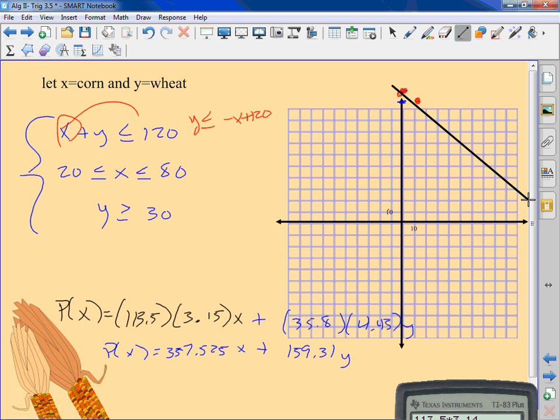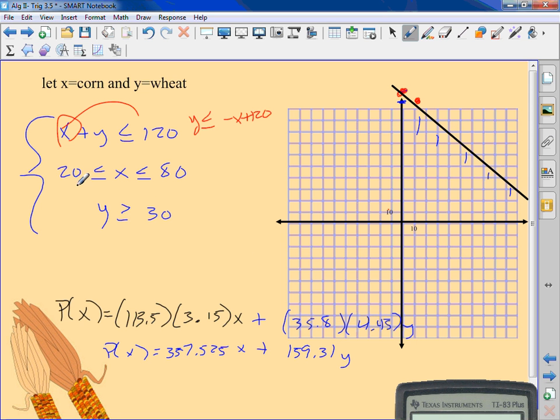It is very important that you use the ruler and draw it as straight as possible. Where's my shading go? Below it. My shading goes below that line because it has to be less than.